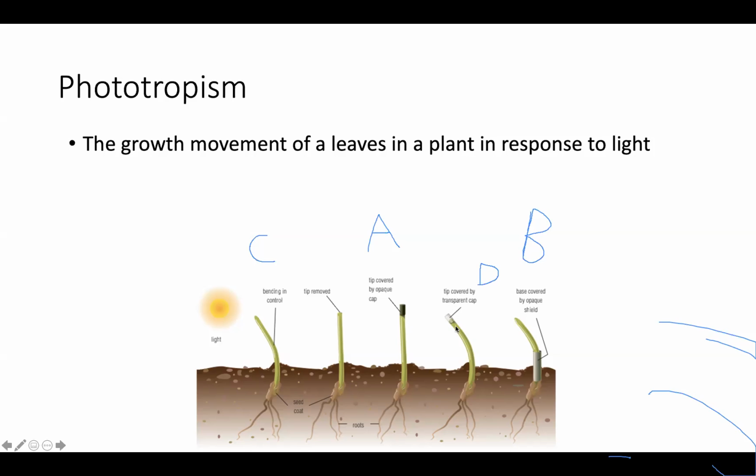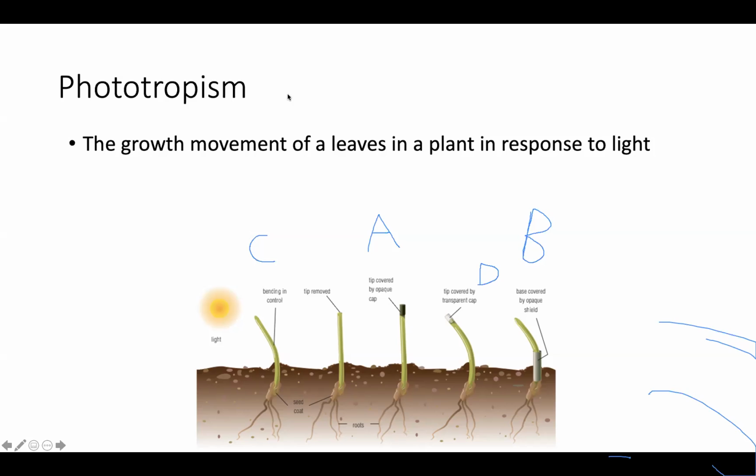When they covered the tip with a transparent cap, they still noticed that the plant would grow towards the sunlight. So from all of these different control experiments and manipulated variables, they were able to find that the phototropic part in plants is at the apical meristem.